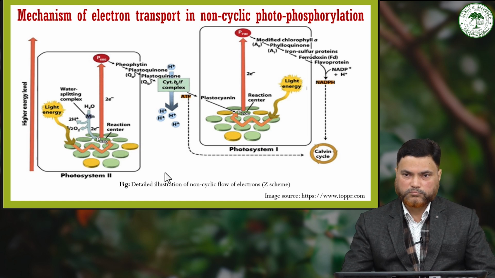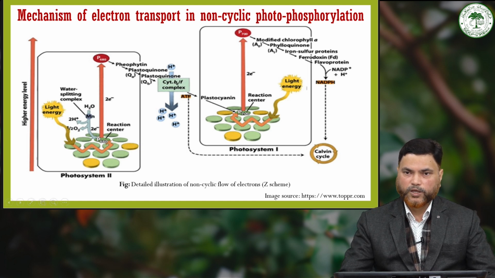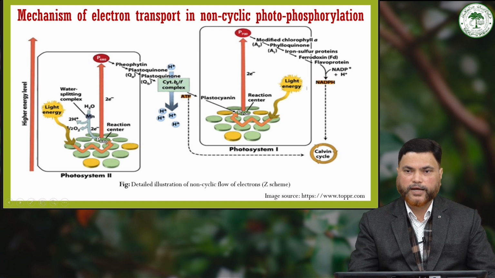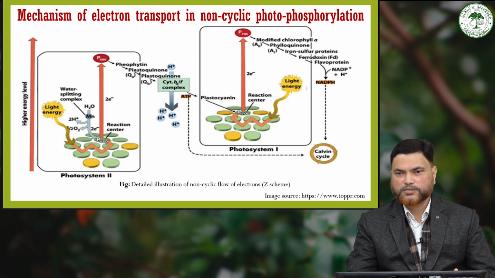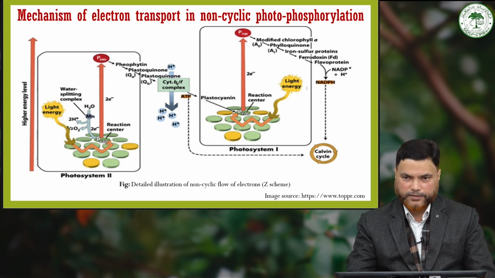What is the mechanism of electron transport in non-cyclic photophosphorylation? Before going into the details of the Z scheme, we should know the difference and exact role of photosystem 2 and photosystem 1. Basically, photosystem 2 comes first in the path of electron flow, but it is named second because it was discovered after photosystem 1. That's why it is known as PS2. The special pairs of chlorophyll a found in the 2 different photosystems absorb distinct wavelengths of light.